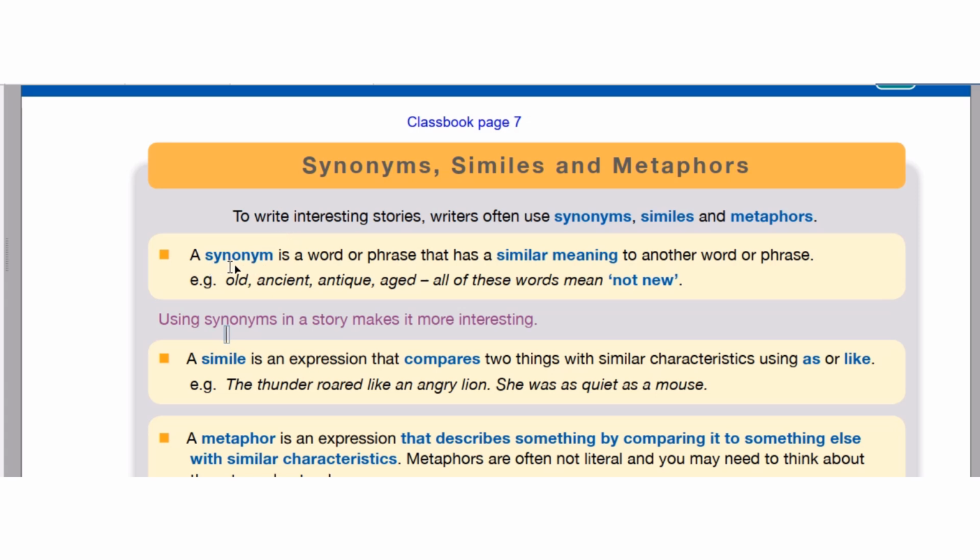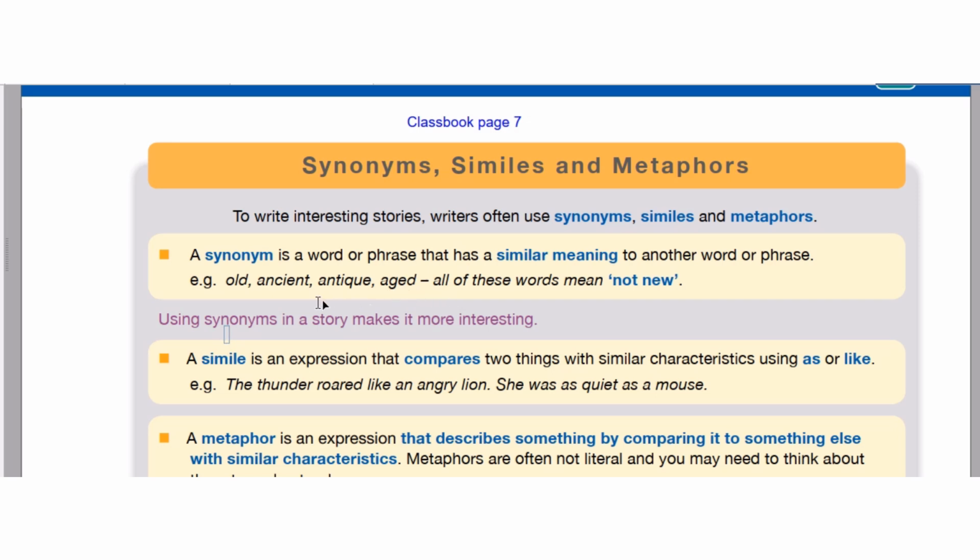We start with synonym. A synonym is a word or a phrase that has a similar meaning, equivalent to another word or phrase. For example, old means ancient. At the same time, it means antique. Also, it means aged.